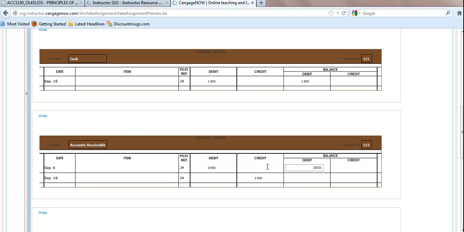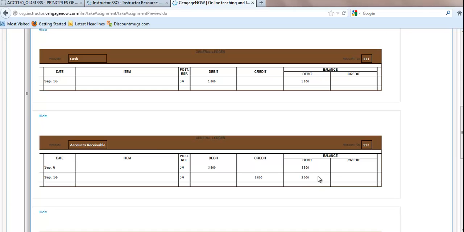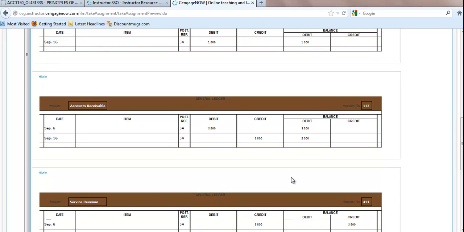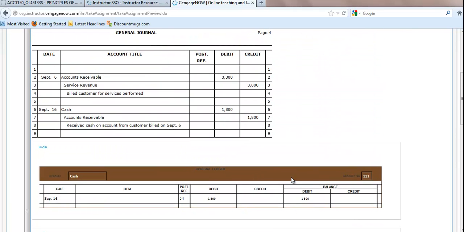I add debits and subtract credits because accounts receivable increases with a debit and decreases with a credit. So I take $3,800 minus this $1,800, and my new balance, the amount that the customer now owes me, is $2,000, because they owed me $3,800 and they paid me the $1,800. Okay, so that's the last transaction.